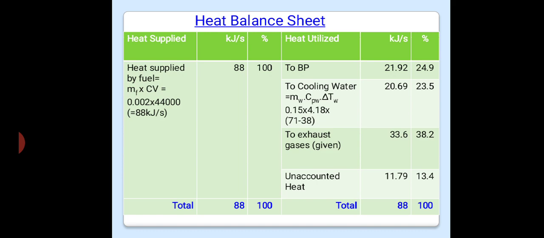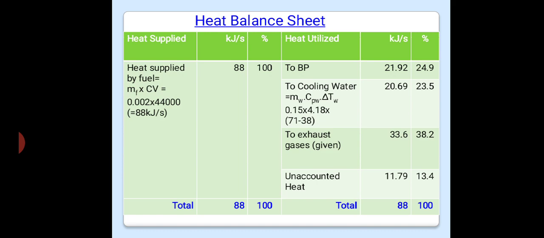So we got 71 minus 38, because 71 is the water outlet temperature and 38 is the water inlet temperature. So we got heat to the cooling water is 20.69 kilojoule per second. So percentage wise, 23.5%.